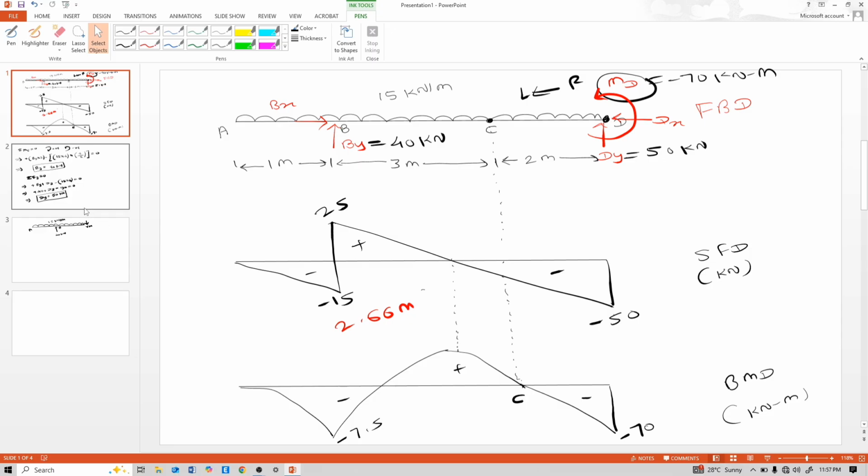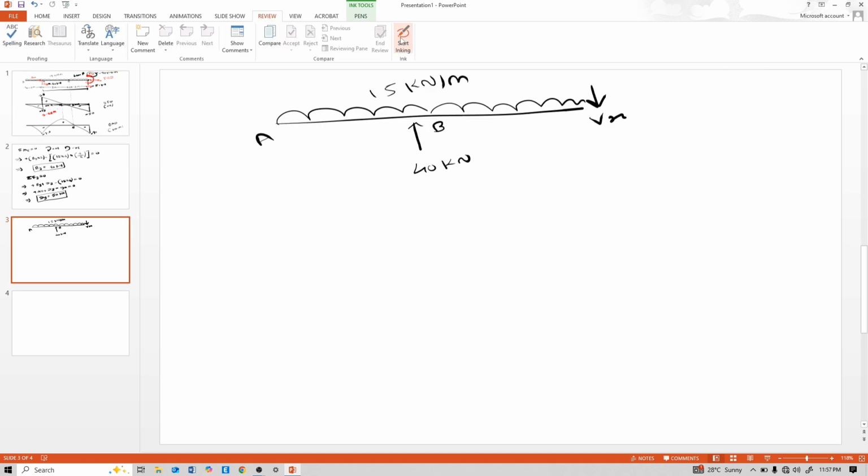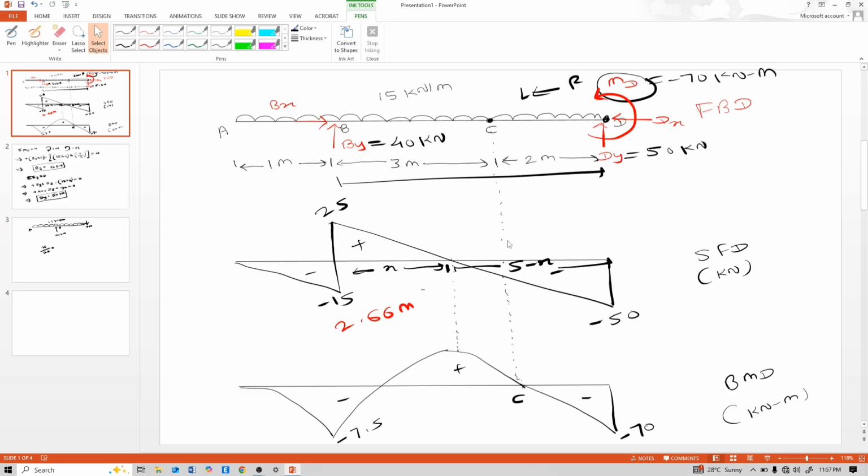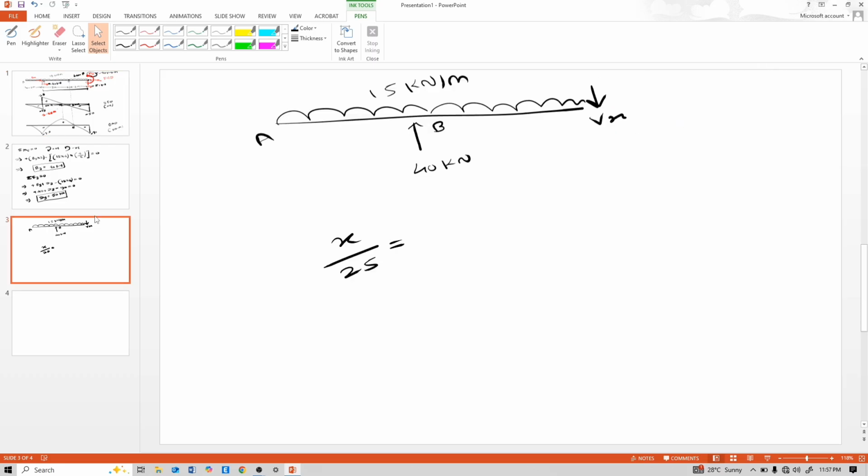Let's solve it by similarity of triangles. See, consider this as x, and the total distance is 5 meter. That means this is 5 minus x. So x upon 25 equal to 5 minus x upon minus 50.